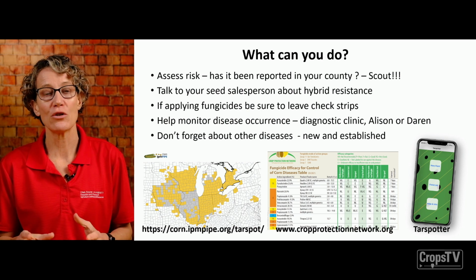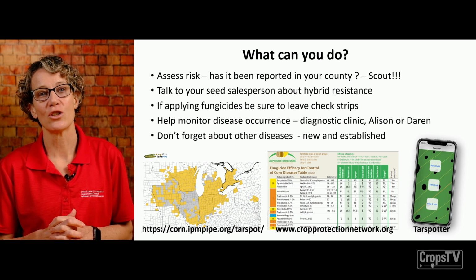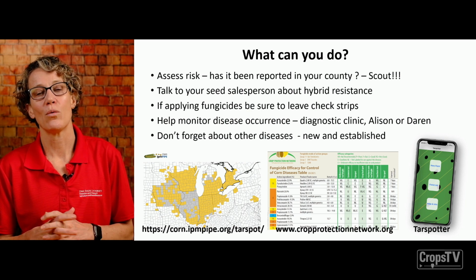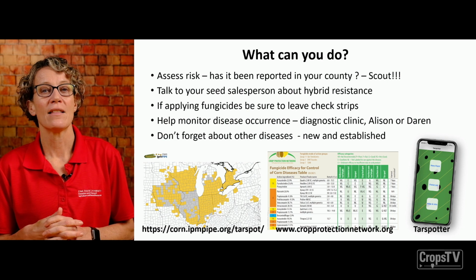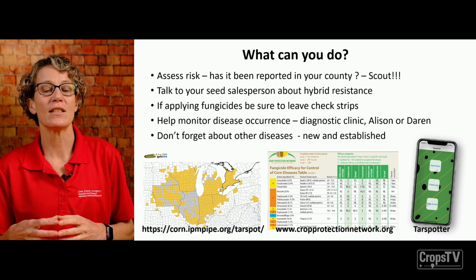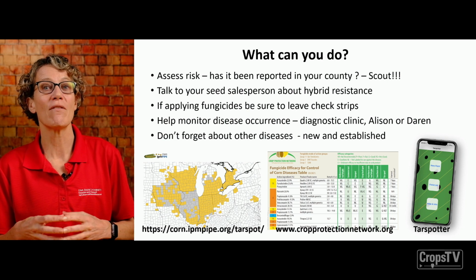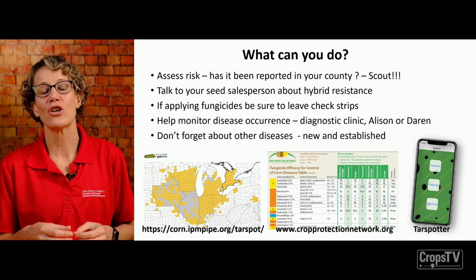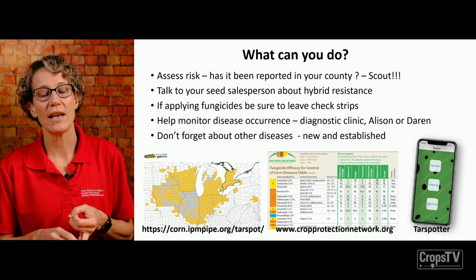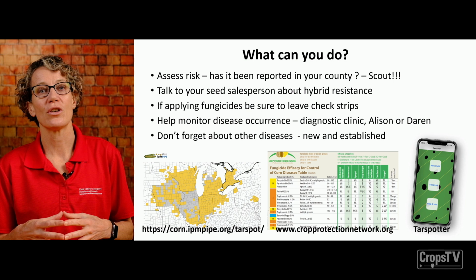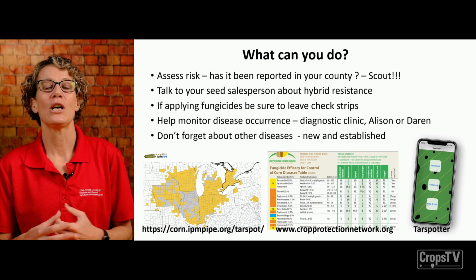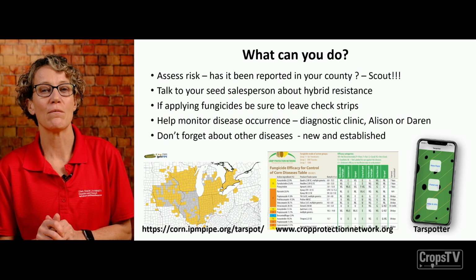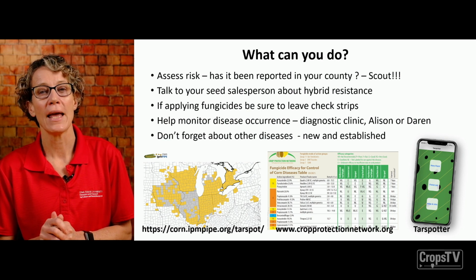You can send us photos via email or via Twitter, and we can help verify whether that's tar spot or not. The other thing to remember, especially here in Iowa, is that we have other diseases. Gray leaf spot and northern corn leaf blight are still important. Don't forget about them, so remember to manage for those diseases as well.